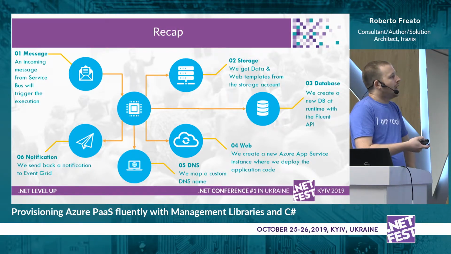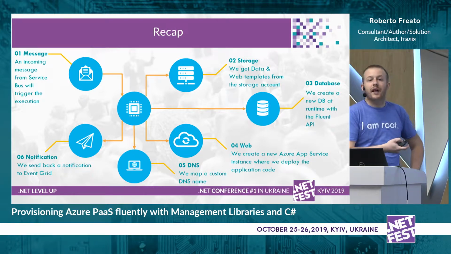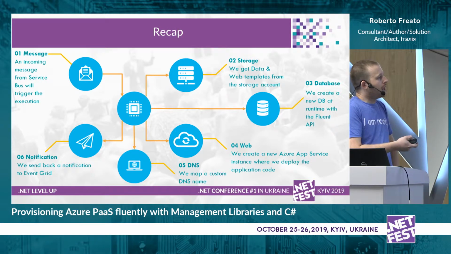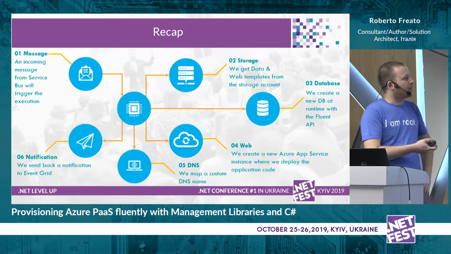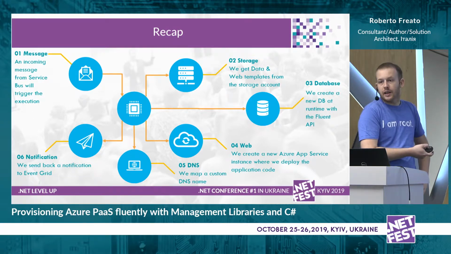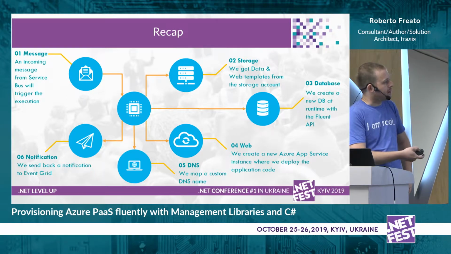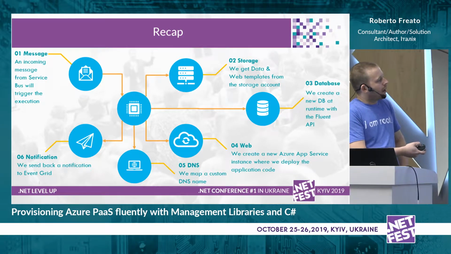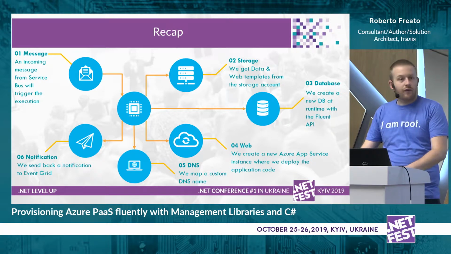After that, we create a web application, and we define settings to point to the new database. We get the created DNS name, azurewebsites.net, to map it to a real DNS. And after this, we can create the SSL that is missing in the slide. I'm sorry. After that, we deploy the web code, and it will probably be enough.